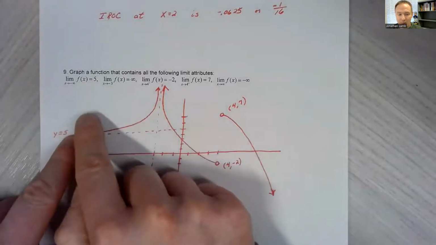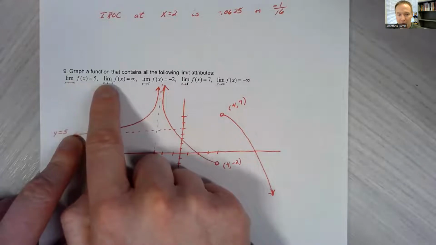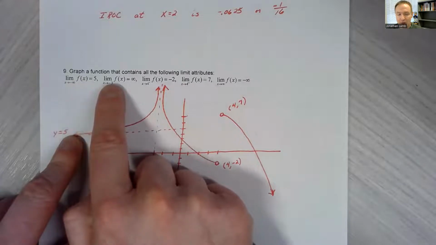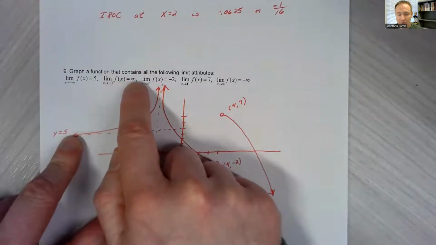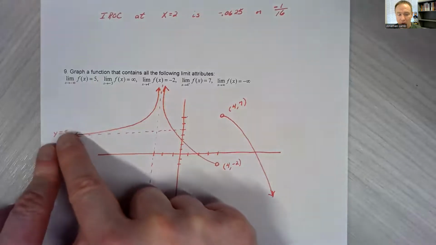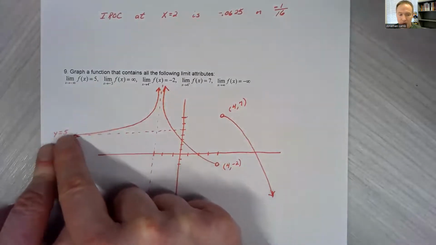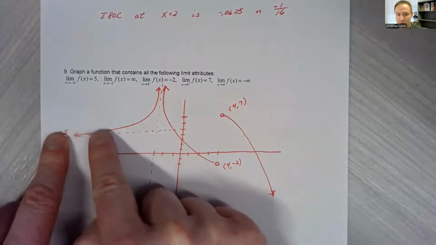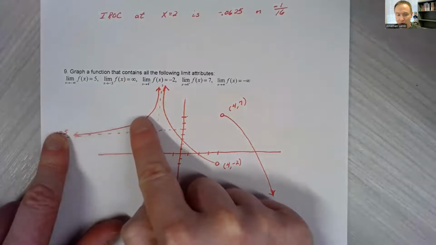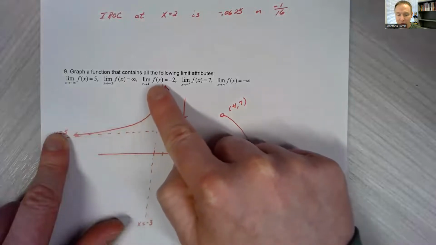Now, as x goes towards negative 3, and this is not just a left-sided limit, from the left and the right, the y value goes to infinity. So you can see, as I move all the way to the left, the y value goes to 5. But as x approaches negative 3, the y values have to go to infinity.